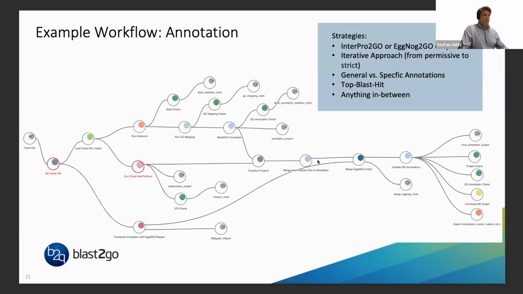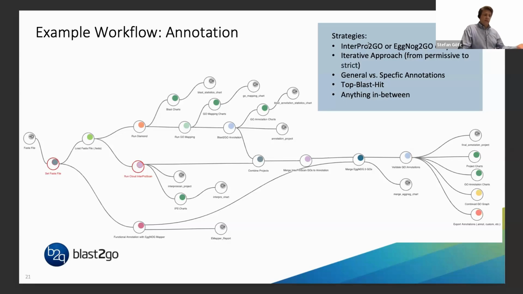So this is like the default or the standard strategy, which is quite complex. Please note that there are a lot of different annotation strategies you can perform within OmicsBox, and that's just one possible option. Okay, so a lot of people do like to go just for Interpro.